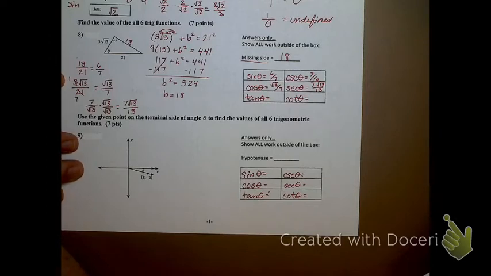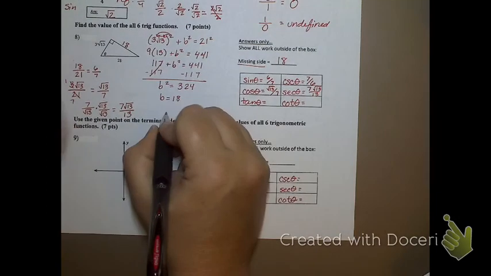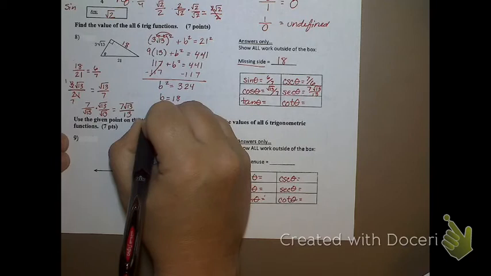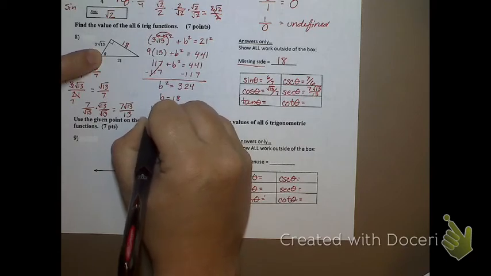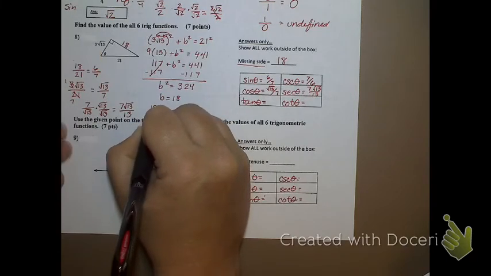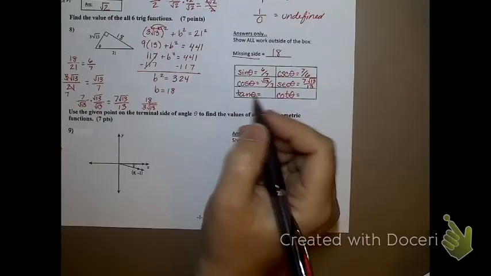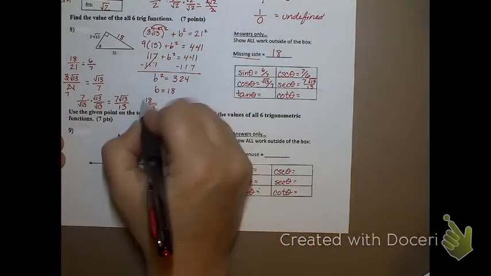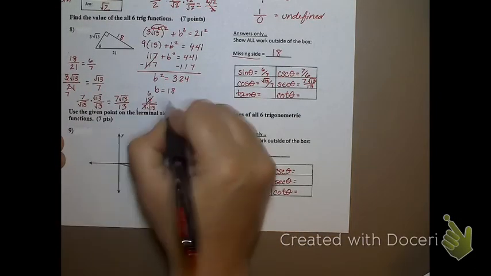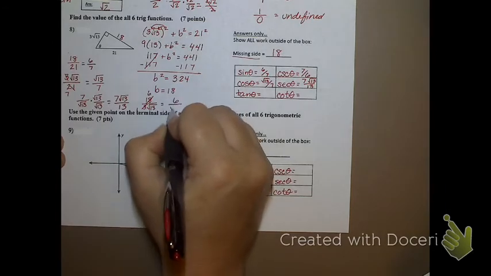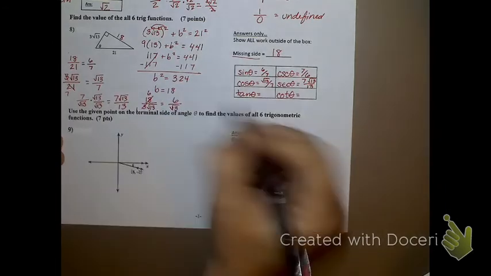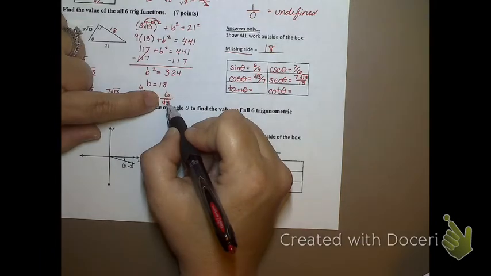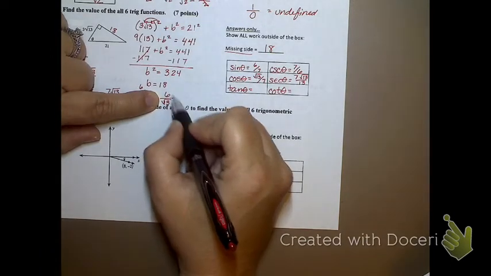Tangent. Opposite over adjacent. What is opposite? 18 over 3 rad 13. Can that reduce? Yes. That becomes 6 over rad 13. Now, that's what my tangent is. I'm going to fill in my cotangent right now, though, because my cotangent doesn't need any simplifying.